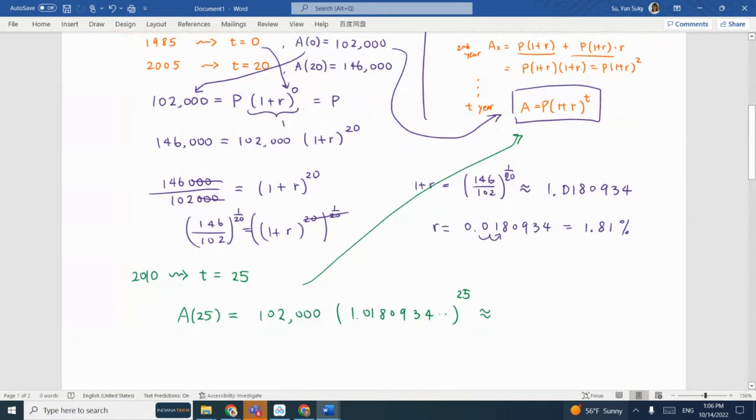In your calculator, instead of typing in this number, you can use the answer key. It's whatever number you got from the previous line. You put 102,000, then the answer key, which means this number, as long as your previous line is this number, and then raise to the 25. What do you get?